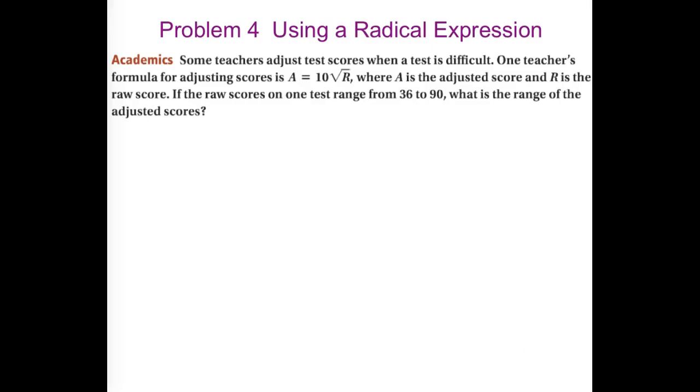It says some teachers adjust test scores when a test is difficult. One teacher's formula for adjusting the scores is A equals 10 times the square root of R, where A is the adjusted score and R is the raw score or the original score.